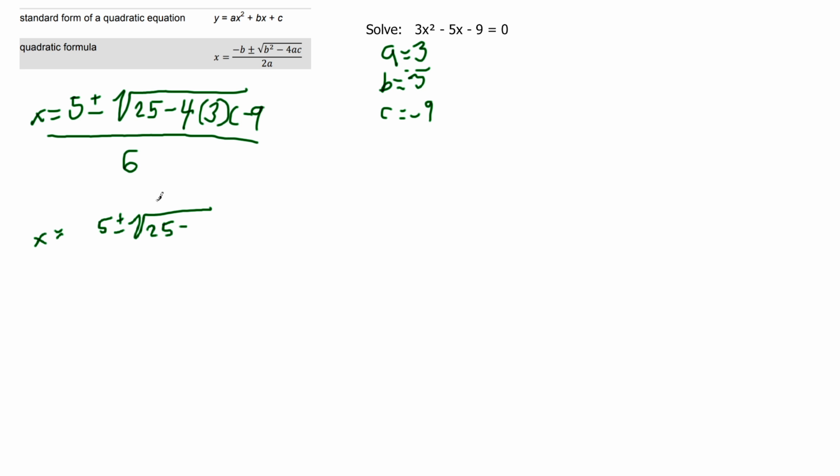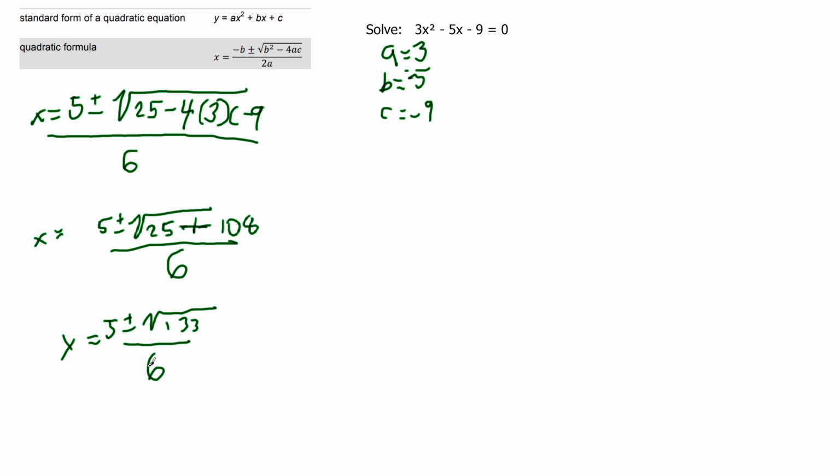So 25 minus negative 108 is 25 plus 108, because a negative and a negative give you a positive. 25 plus 108 is 133. So x equals 5 plus or minus the square root, don't forget to keep that, of 133, all over 6.